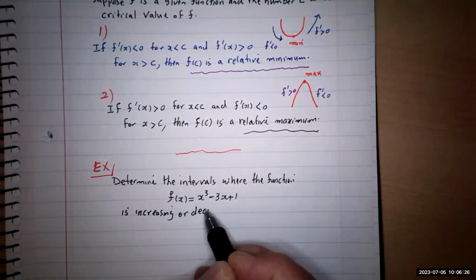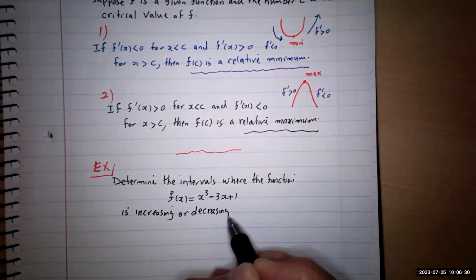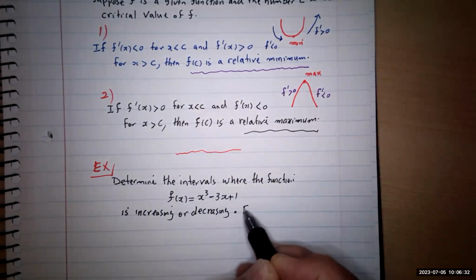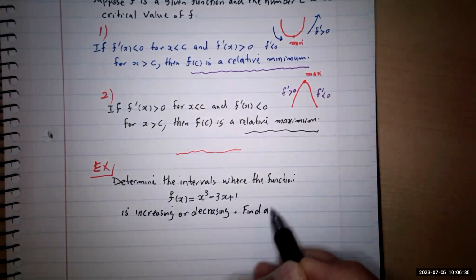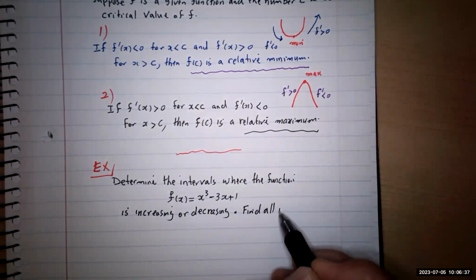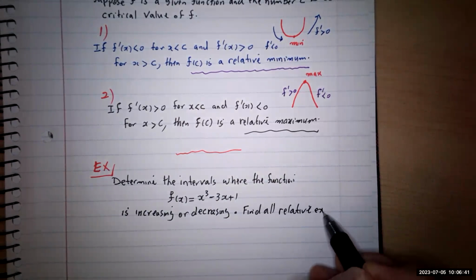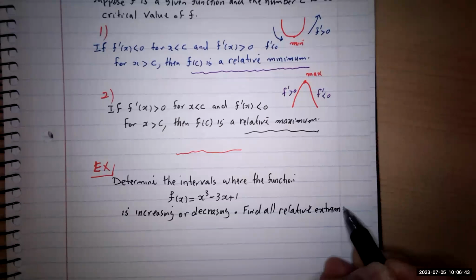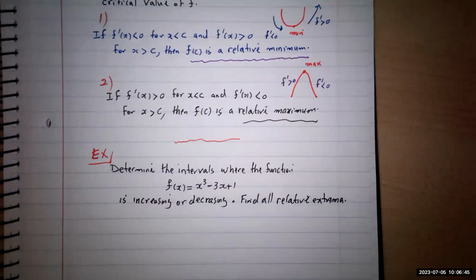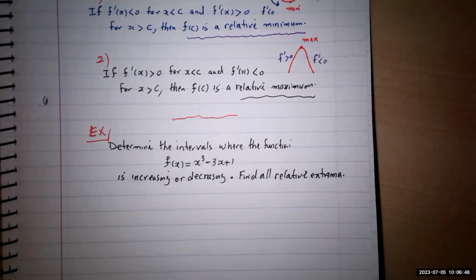So they ask you for those intervals. You have to give us those intervals, increasing and decreasing. And then they ask, find all relative extrema. Relative extrema means you have to identify for us which is the relative minimum and which is the relative maximum.